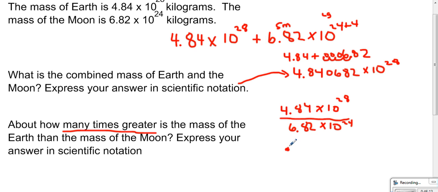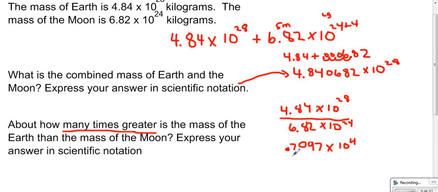That's 0.709, and just round it off to 7. What do you do with the exponents? When you divide, you subtract them. So 28 minus 24 is 4.